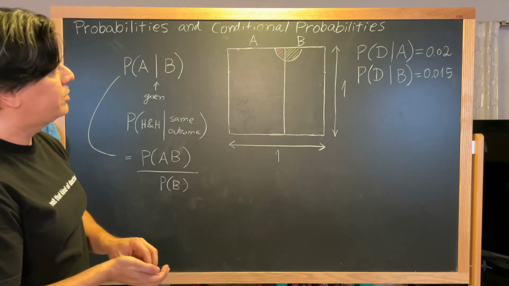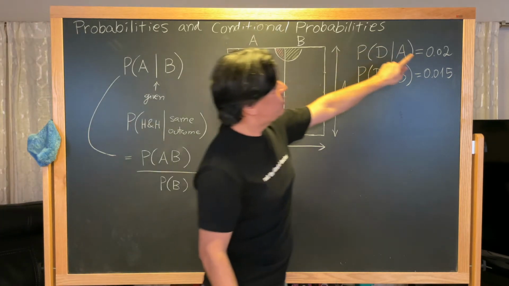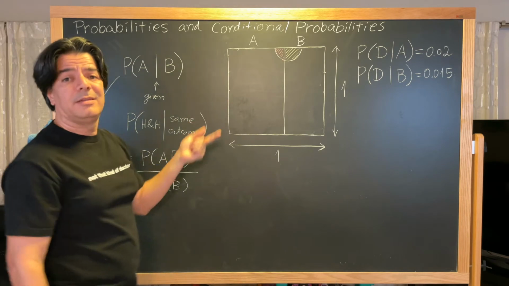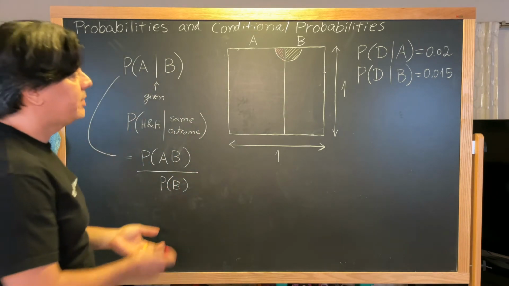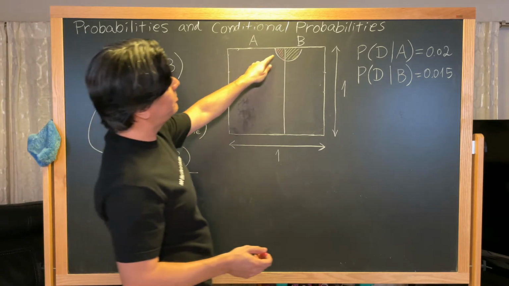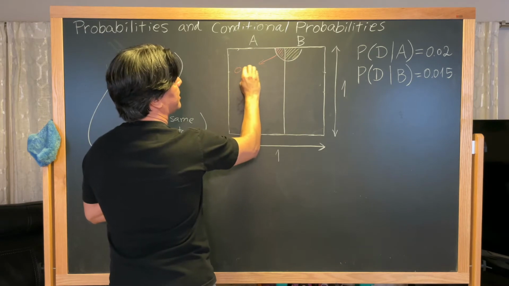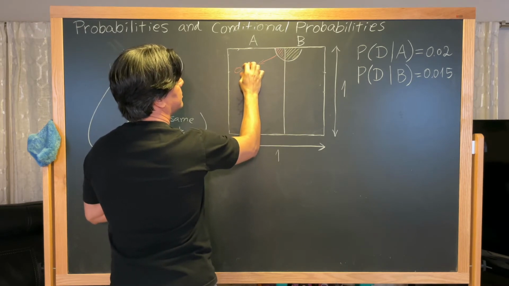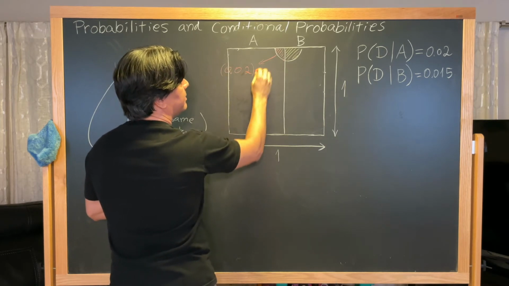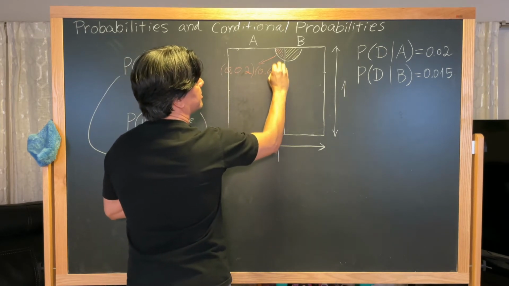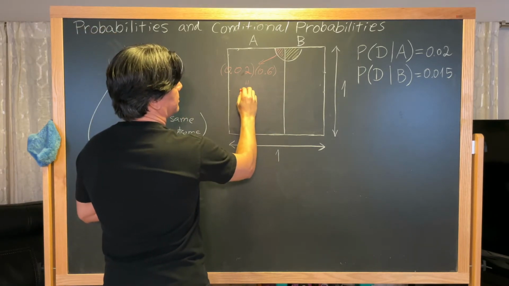In other words, what this means is that the red is 2% of the A. And how big is the A? The A is 60%, right? So the size of the red is 2% of 60%. Right? 2% of 60% is 1.2%.